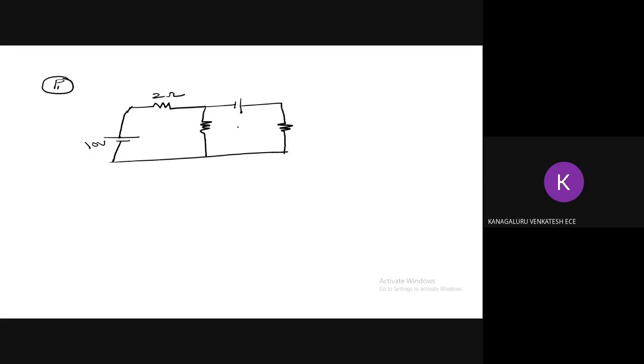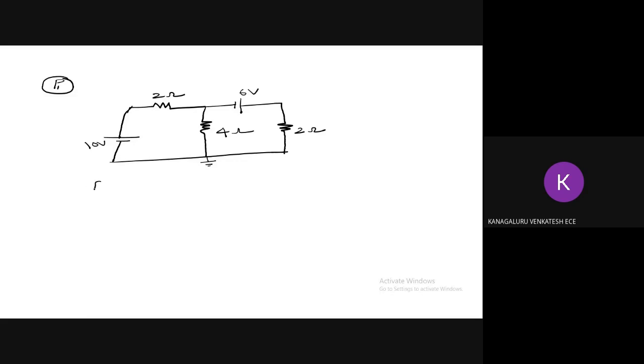For the circuit shown below, find the node voltage and the current through the 4 ohm resistor.